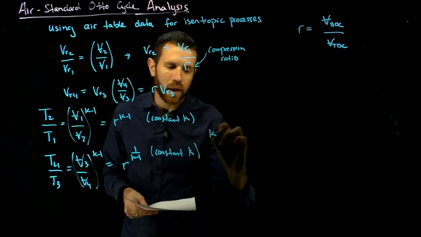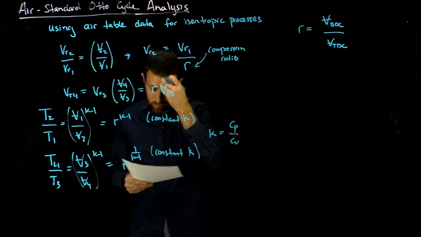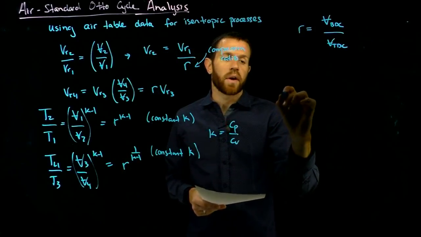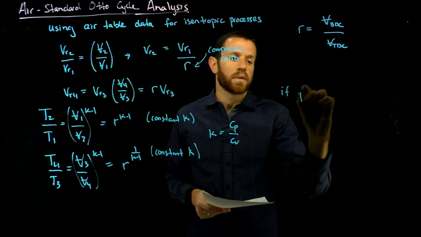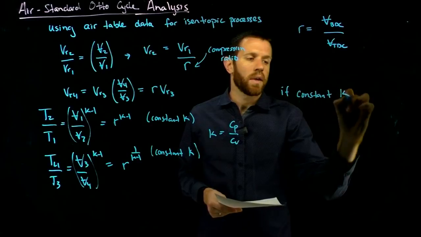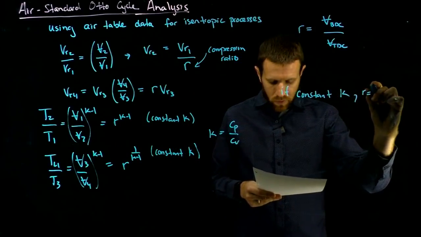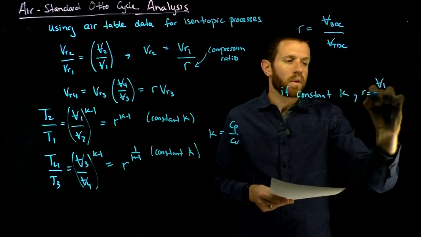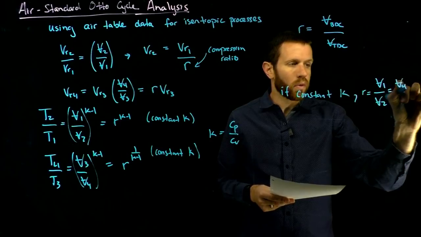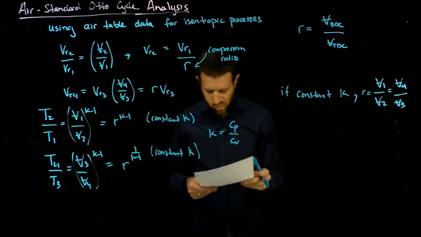And recall that k is the ratio of Cp over Cv. And in the case of constant k, specific heat ratio, then r is equal to V1 over V2, which is also equal to V4 over V3. All right.